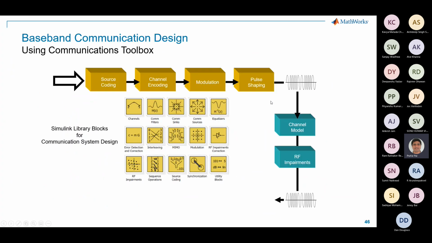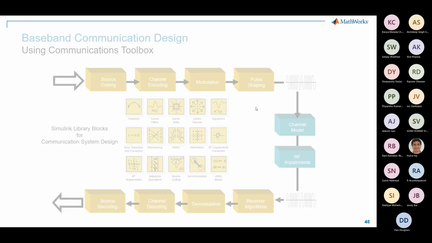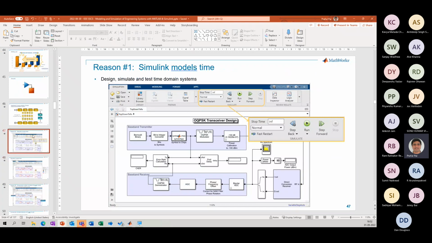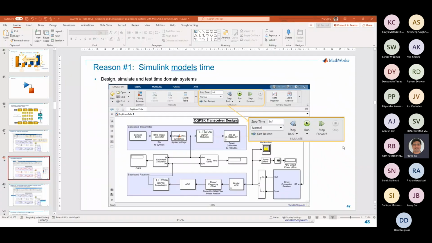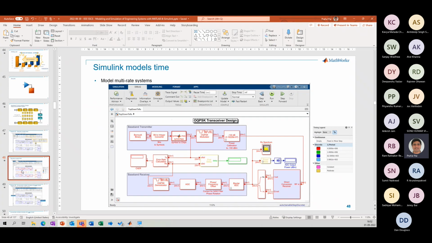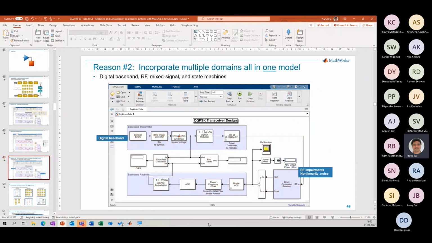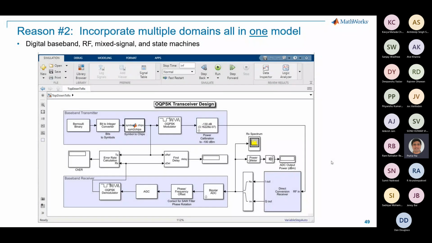Yeah. So the idea is, again, let me just quickly summarize. You can model your time in this. You can incorporate multiple domains in your model, right from digital to analog to different models.